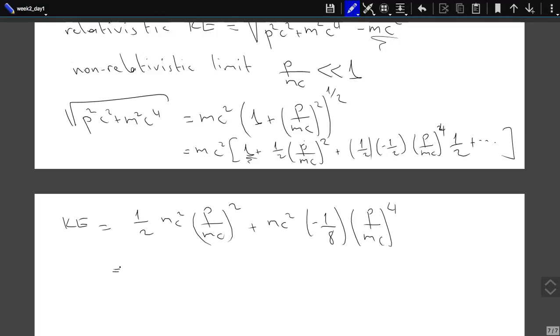And if you just open the parentheses, you get p squared over 2m. This is the non-relativistic kinetic energy. Minus, we have this correction over there, p to the 4 divided by 8 m cubed c squared.